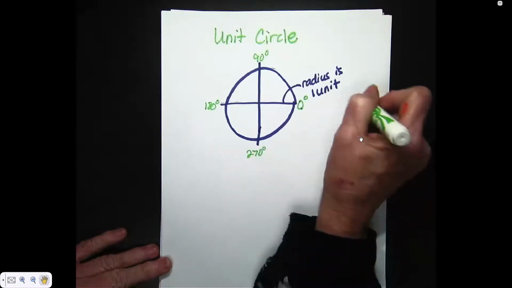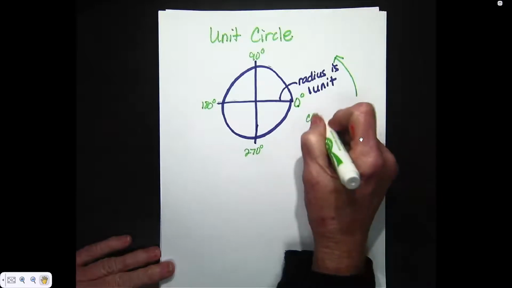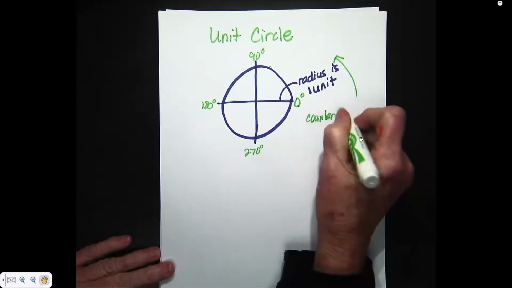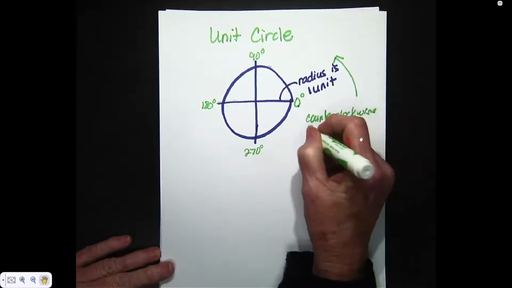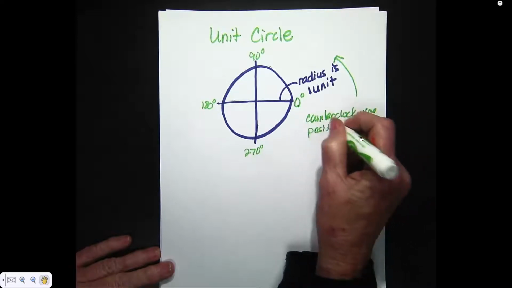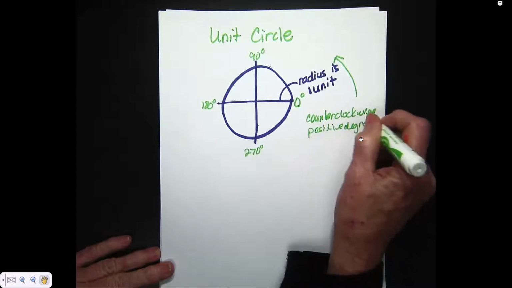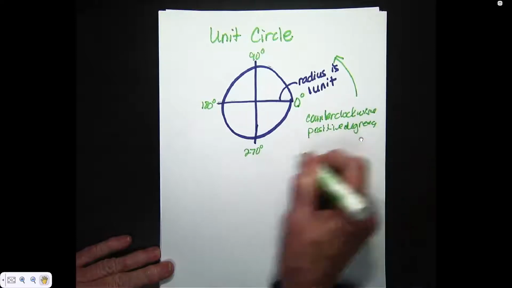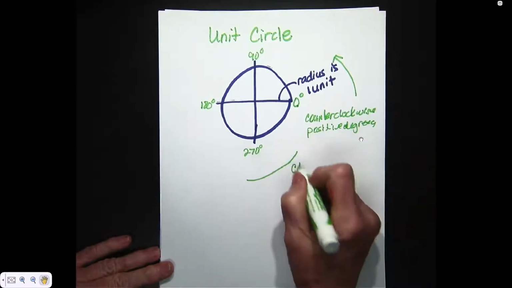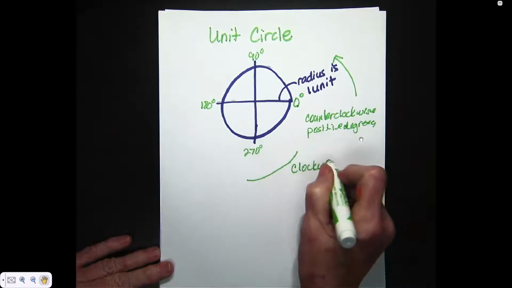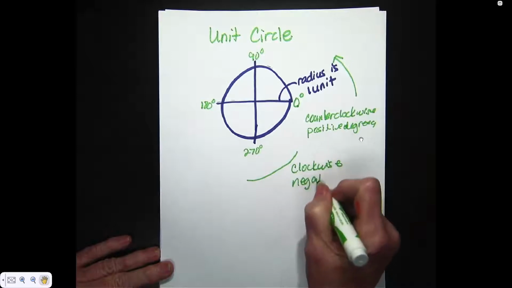So we read this direction, counterclockwise, is positive readings. If I'm reading this direction, clockwise, are negative degrees.